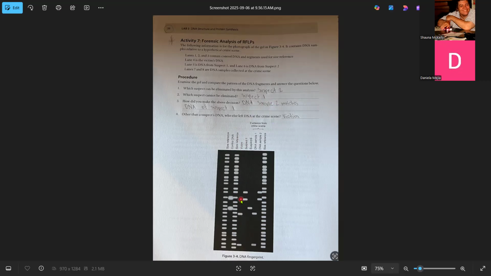So this should be the DNA of sample 2 matches the DNA of the victim. Other than a suspect's DNA, who else's DNA is left at the crime scene? The victim. Yeah, so it matches the victim's DNA.